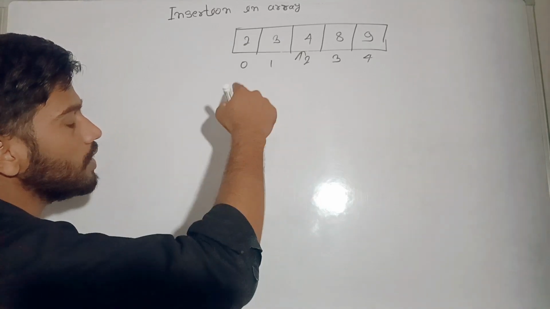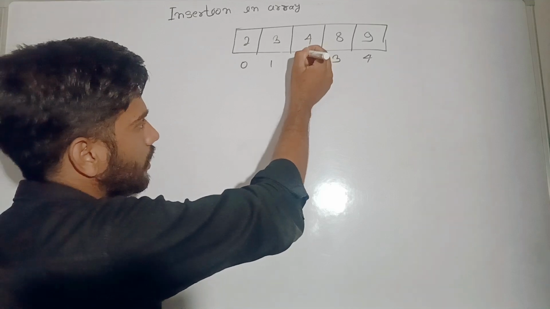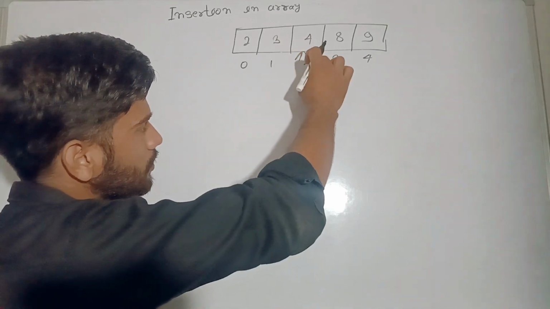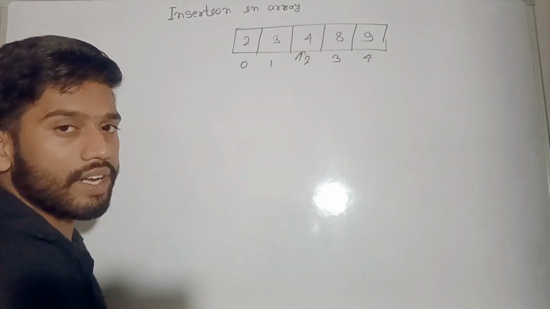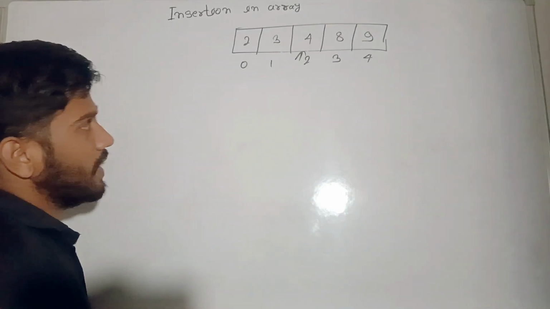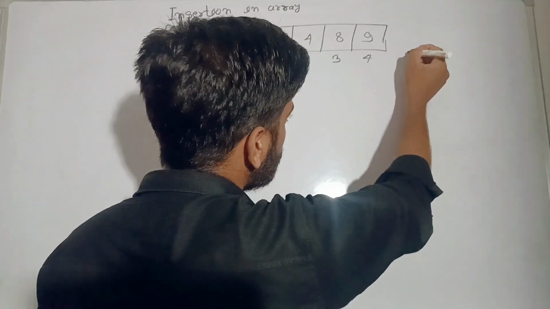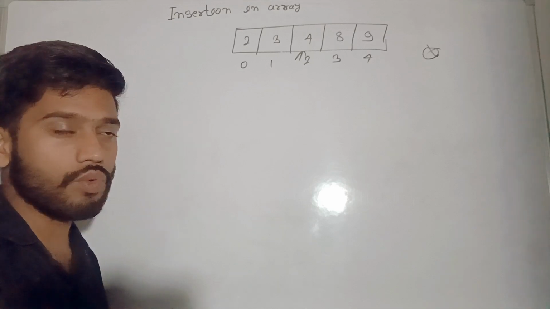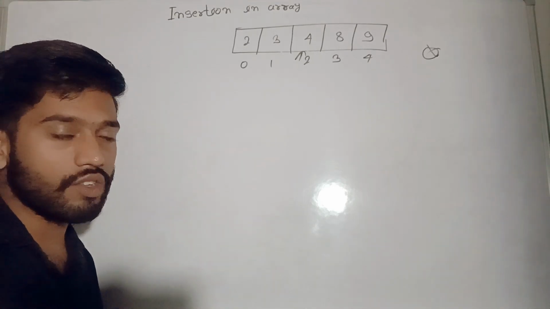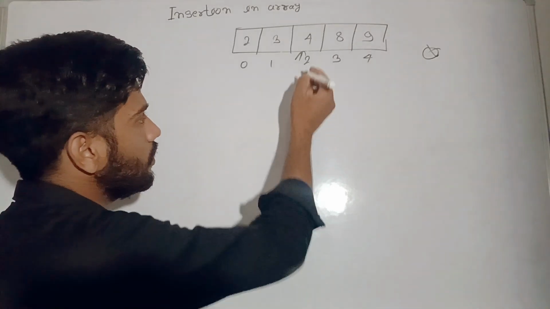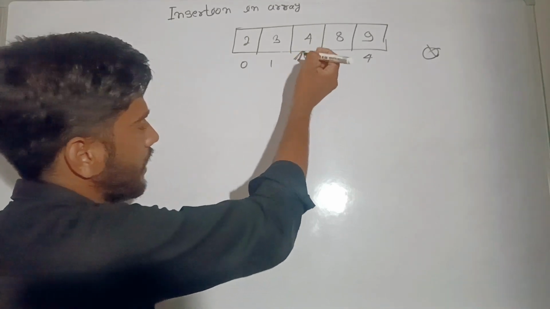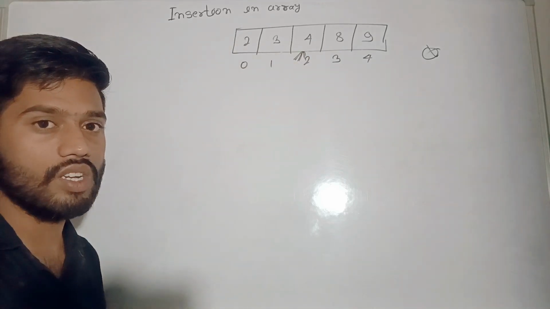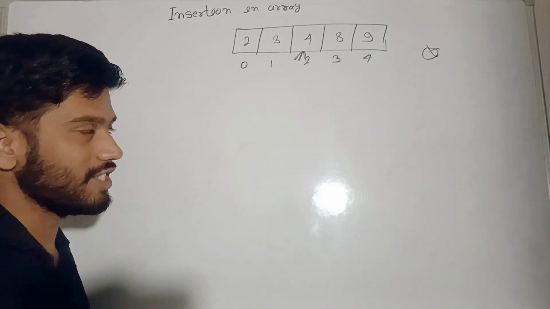There is an approach: reach position 2 and simply insert the data we want, but with this approach 4 will be collapsed, and we don't want to collapse any data because data is very crucial. So we don't want to collapse the data, and we want to insert our data at position 2. Then how can we do it? That is the challenging part.